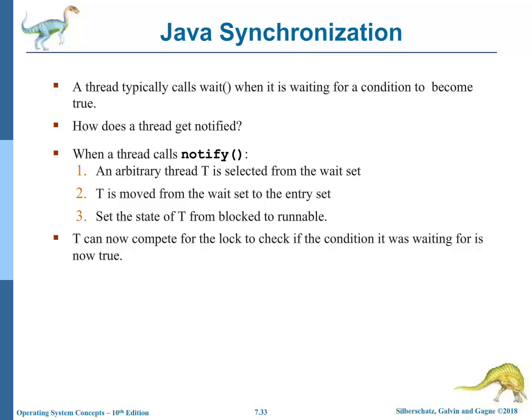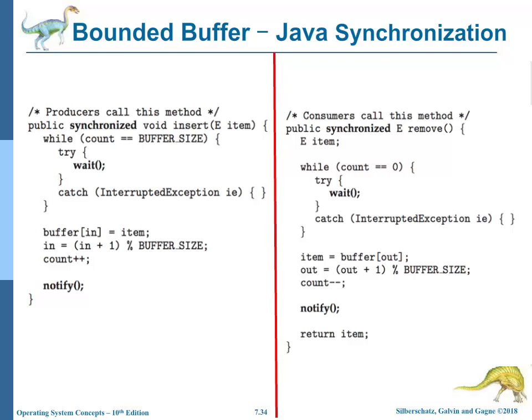T is now eligible to compete for the lock with other threads. Once T has regained control of the lock, it returns from calling the wait method, where it may check the value of count again. Let's take a look at the code.